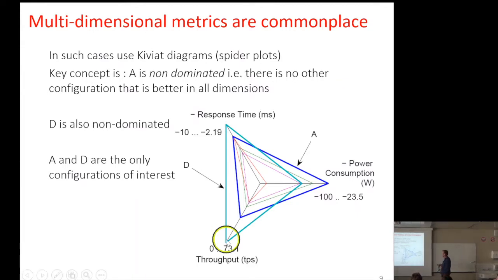So I put the response time with negatives, and power consumption also with negative, because higher absolute value means worse. And then I see very clearly that there are 2 diagrams that intersect, so they're not dominated, but all the others are below. So that's one little trick to plot the result of something when you have typically many dimensions, which practically always you will have. 3 is not much here.